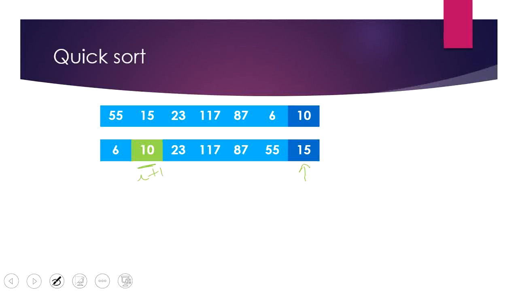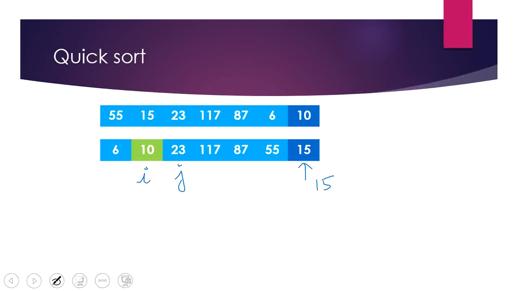Starting from 15, we are iterating our I to 10. Let's start our second pass with I at 10 and J at 23, and our pivot is 15 now. We have to check whether any elements are less than 15 and switch them before 15, and those greater than 15 stay after 15.